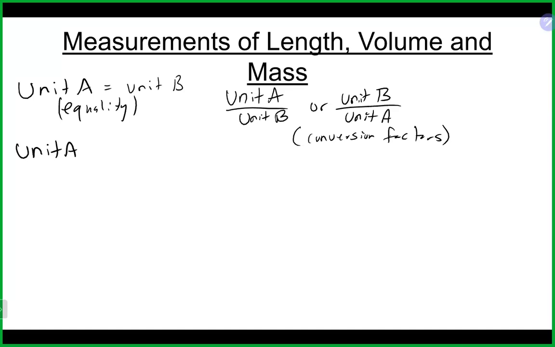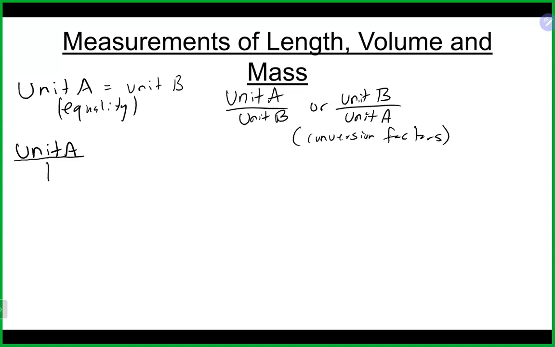You don't actually have to do this, but you could think of it as a fraction, like it's over 1, which is basically the same thing. And the reason this is helpful is that dimensional analysis is all about opposites cancel. If you want to get rid of a unit, you need to put the same unit in the opposite location, and it will cancel each other out.